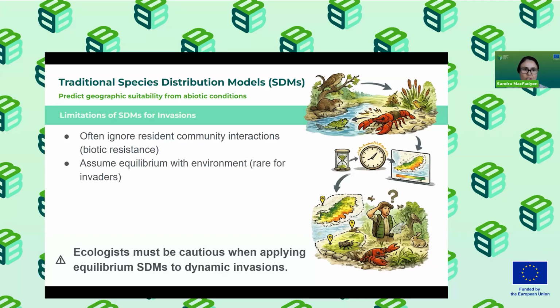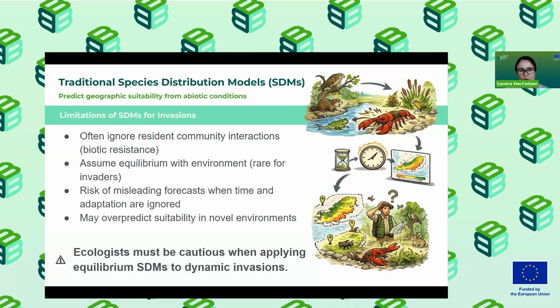And as I've mentioned before, they assume this equilibrium in the environment, which is rare for invaders because they're actually entering the system and altering it as they do that. And there's space for them to invade, which we will also discuss in more detail in a minute. So there's often a risk of misleading forecasts when time and this adaptation is ignored. It may often overpredict suitability in these novel environments because it doesn't understand those parameters that are not included in the model.